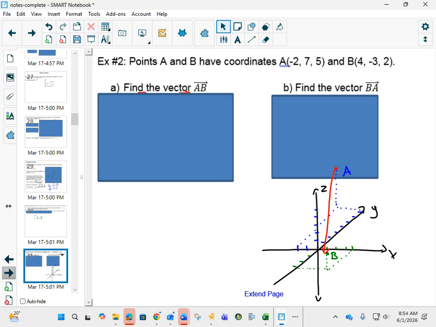Well, you always have the origin in play here. So our position vector for A as a column vector is -2, 7, 5, and our position vector for B is 4, -3, 2.